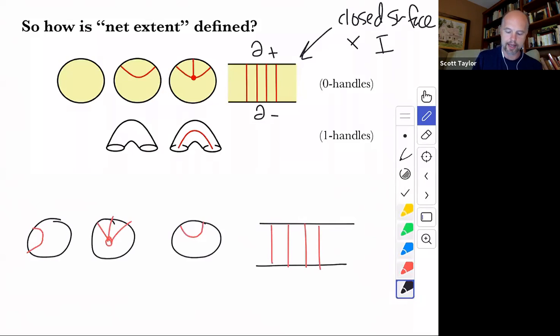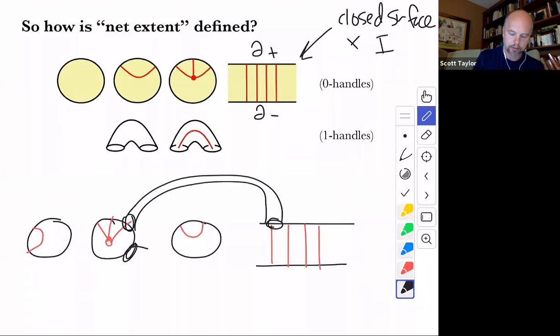Now I go ahead and attach some one handles. I attach one handle like that, maybe a one handle like this, another one handle like that. I can do more than one of those.